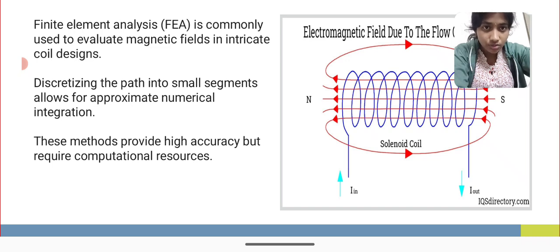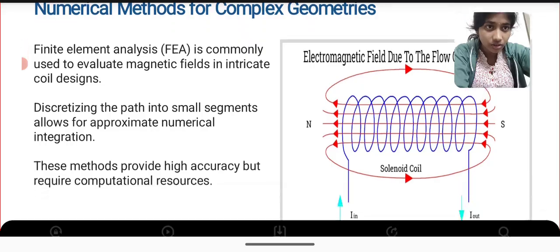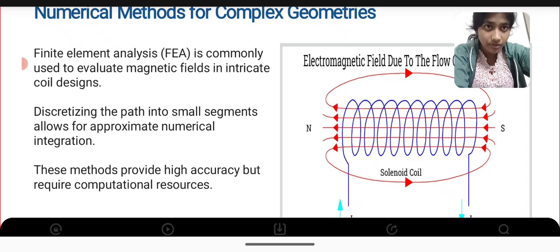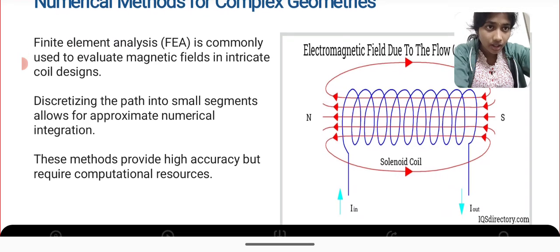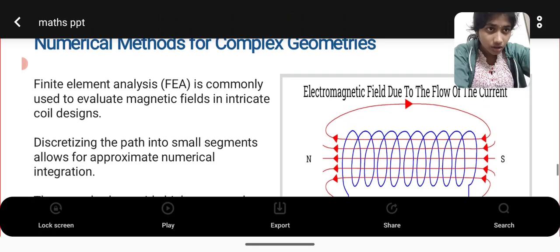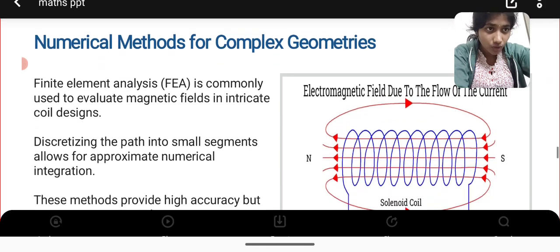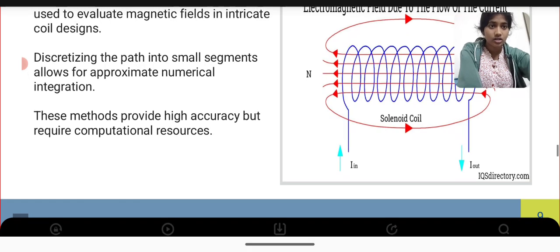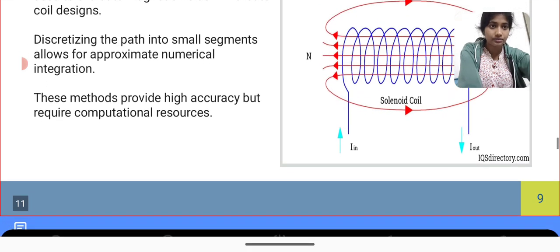These methods produce high accuracy but require computation resources. The relevant image of numerical methods for complex geometry: electromagnetic field due to the flow of current. Solenoid coil.